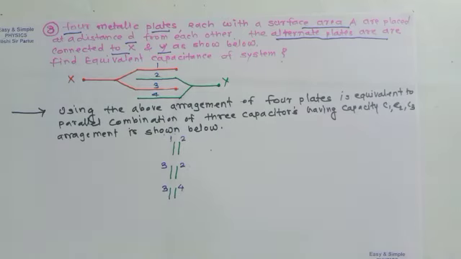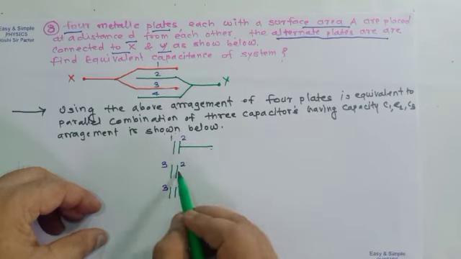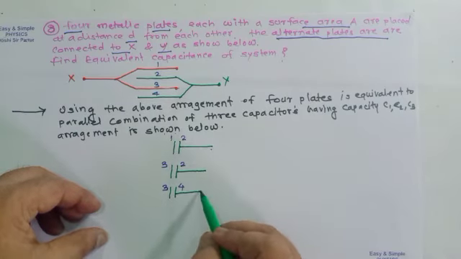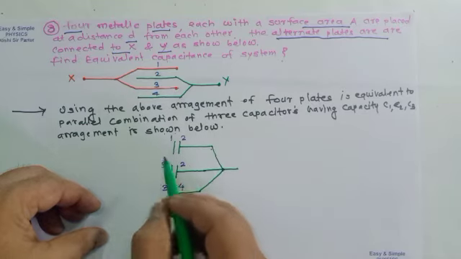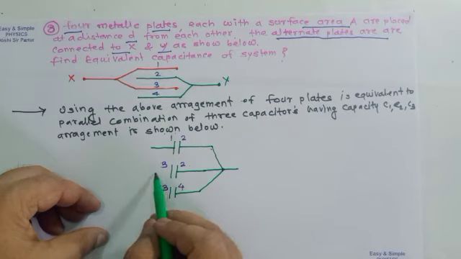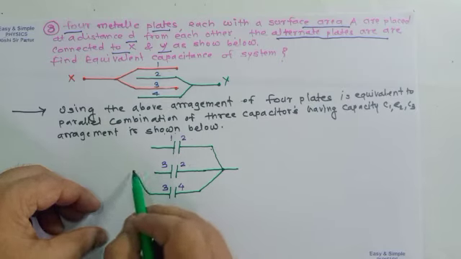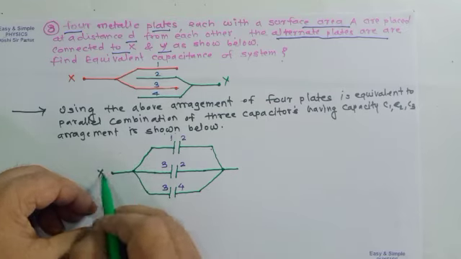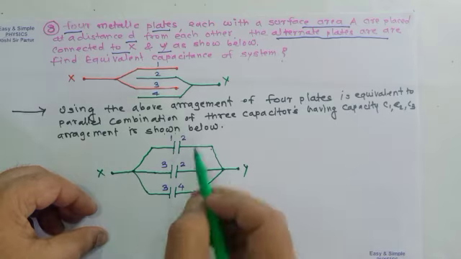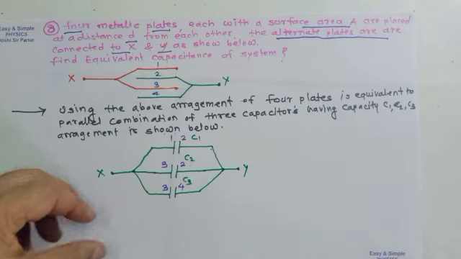Means plate 2 and plate 3 are common, so the three capacitors are connected in parallel combination across X and Y, having capacity C1, C2, C3.